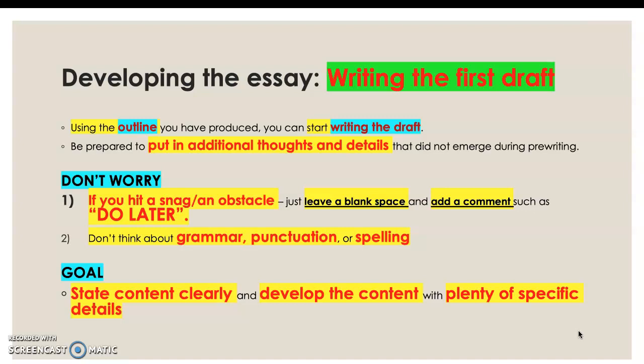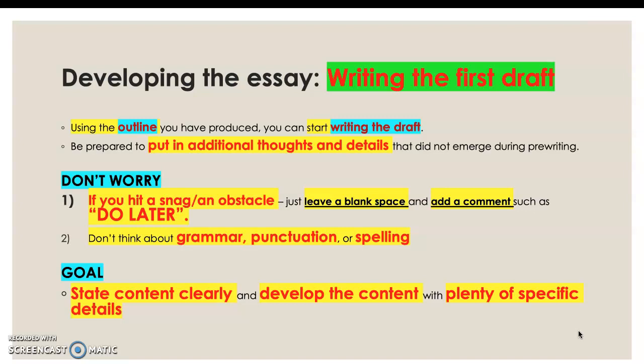That's why we have to start with that pre-writing technique, that clustering, and then we have an outline so that we can see clearly how we are going to present our points, and then we write the first draft. While writing the first draft, you would have additional thoughts and details, so you can put in all those while writing the first draft.